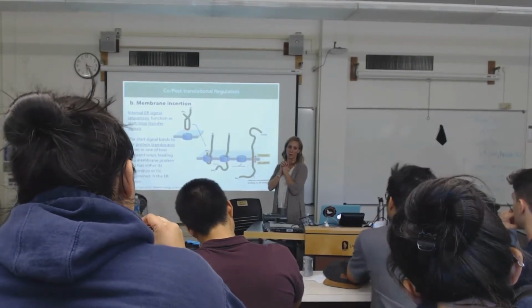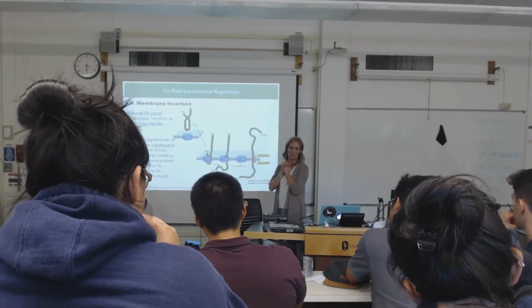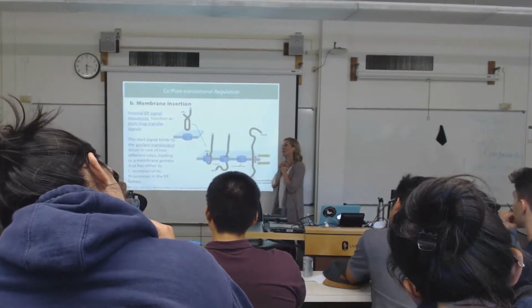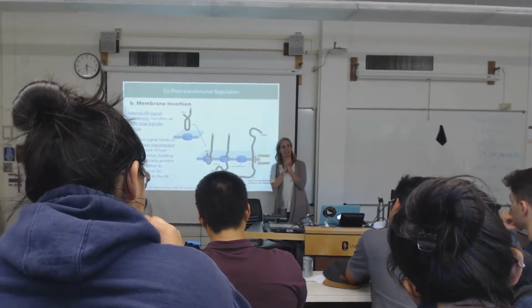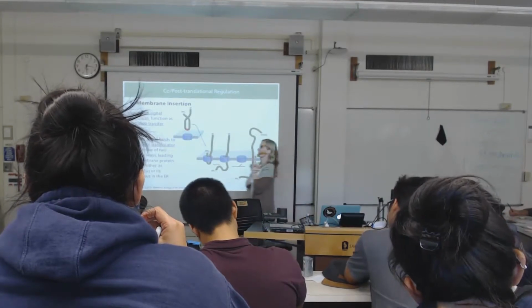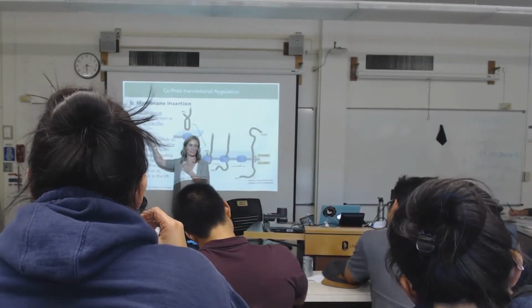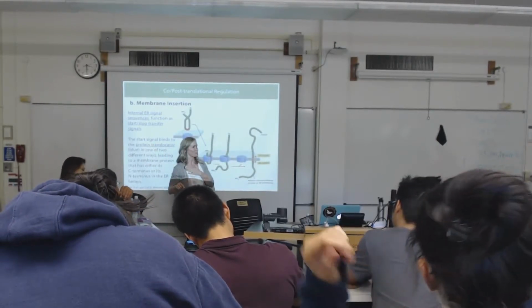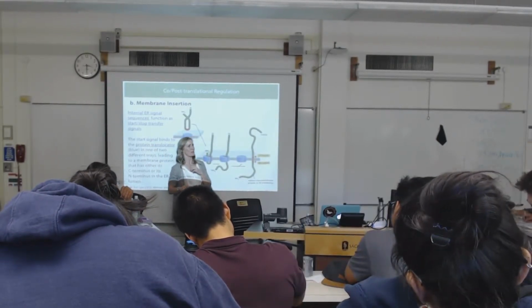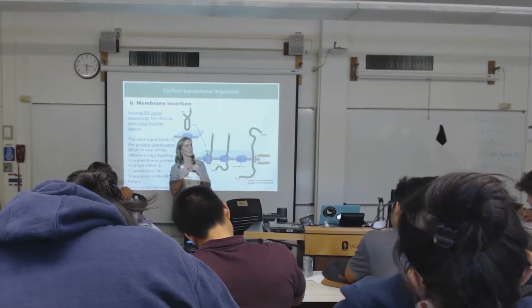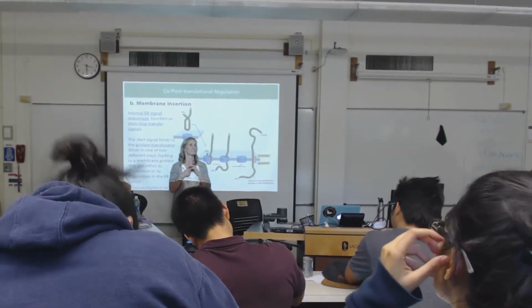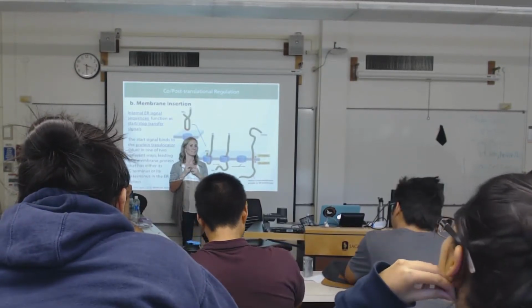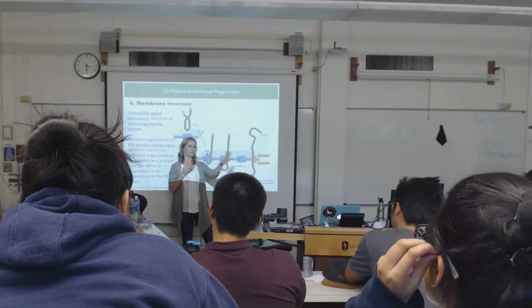Sorry, I'm so neurotic about this. If it is going to the ER, it is going to have an ER signal sequence. If it is bound for the nucleus or the peroxisome or the mitochondria, it has signal sequences that target it for those membranes.